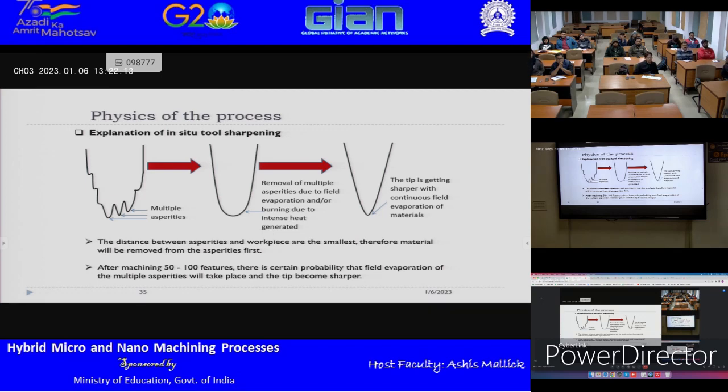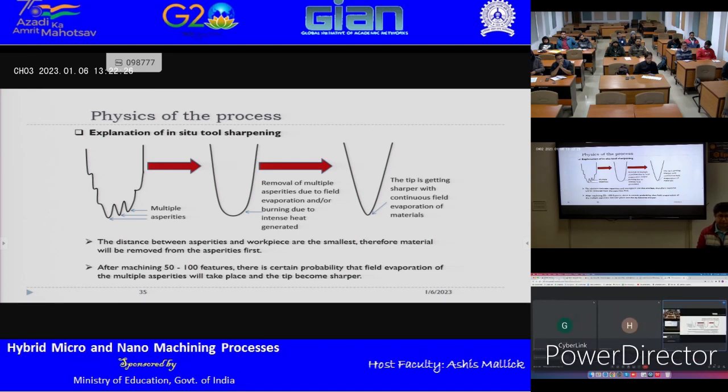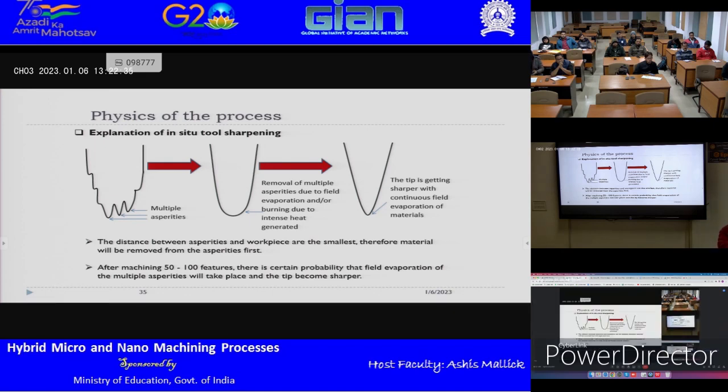Okay, now this is something that I found, and later we made this standard for in situ tool fabrication. What I found is that if you use wet nano EDM, in most cases after breakdown the tool gets blunt, right? But if you do dry nano EDM, there is more evaporation taking place compared to wet nano EDM, and that evaporation actually helps the tool material sharpen itself.